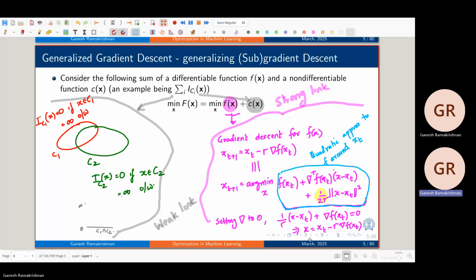We want to certainly do away with subgradient descent. Right, but an intuition is, this is intuitive. Okay, any thoughts?